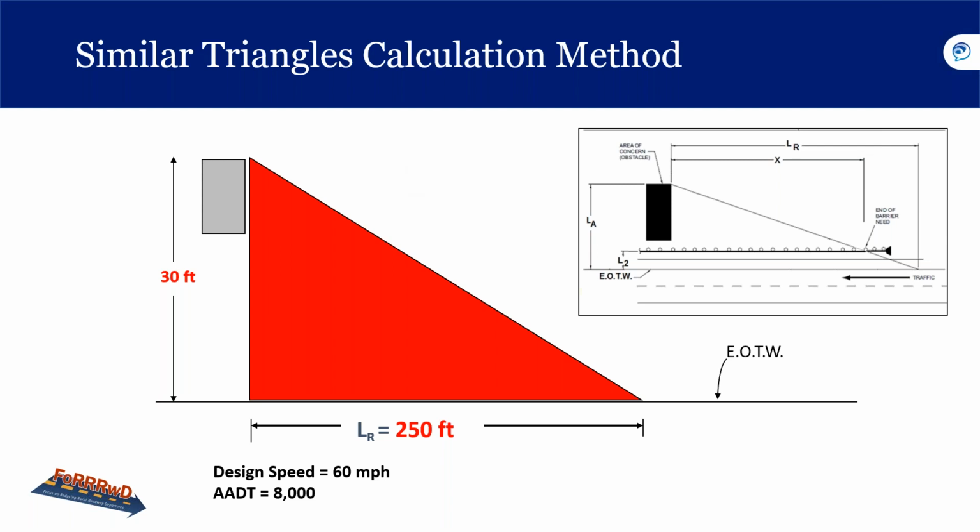So we're using proportions. It says the field check method would be to pace or measure the length of runout from the obstacle and look back to the obstacle. If the guardrail is intersecting the sight line, it is probably long enough. In the top picture here, you have the end of barrier need.